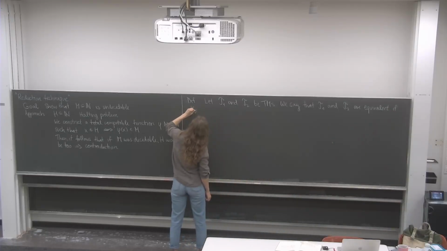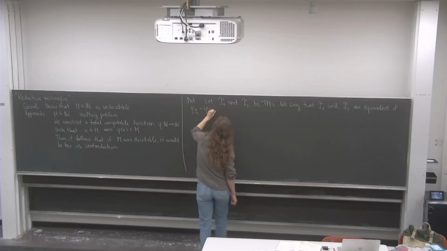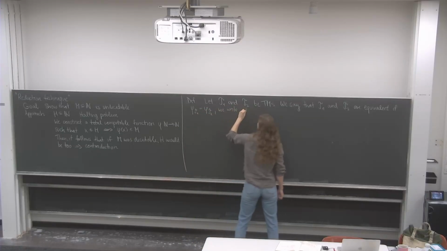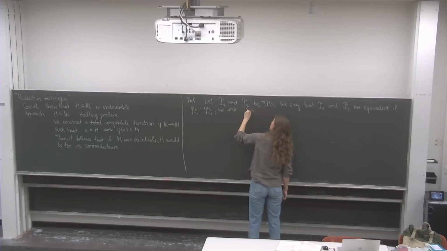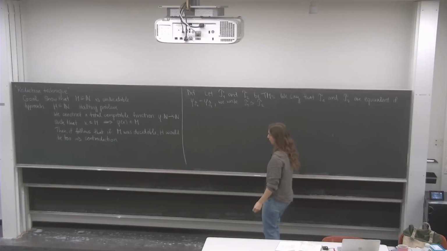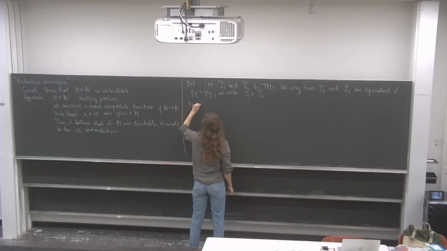If phi T1 is the same as phi T2, and we write T1 is equivalent to T2. So now we are ready to prove this proposition.